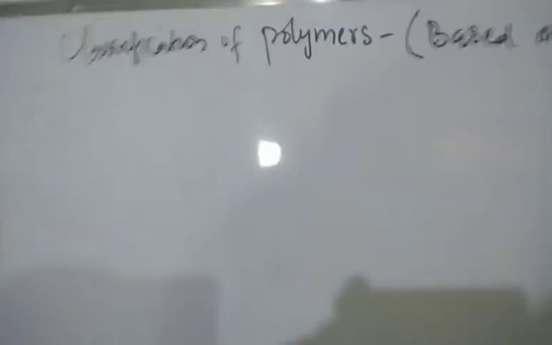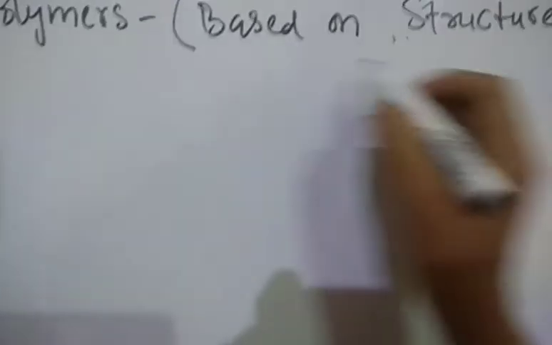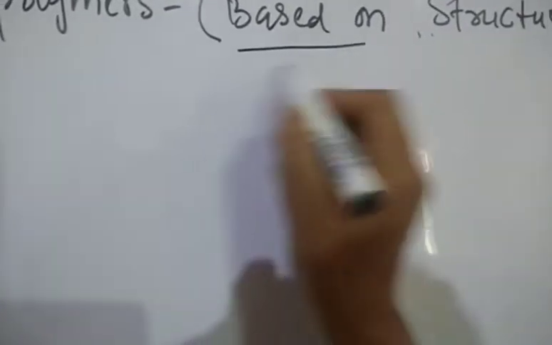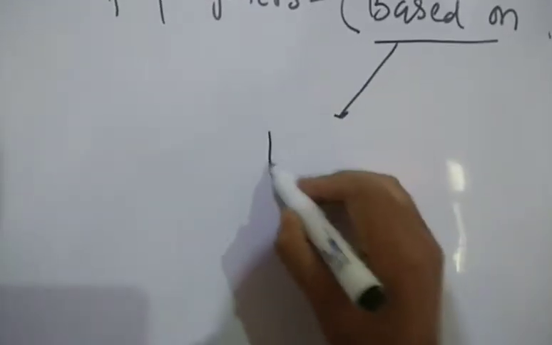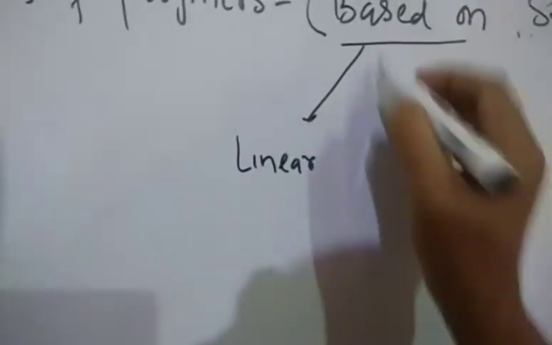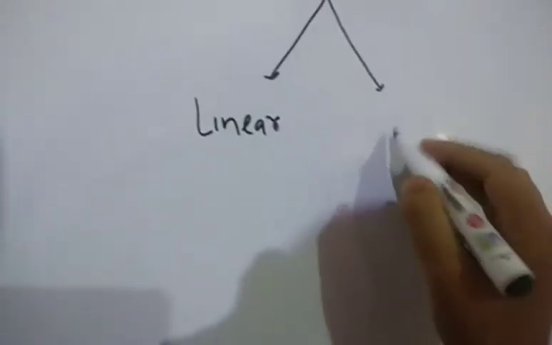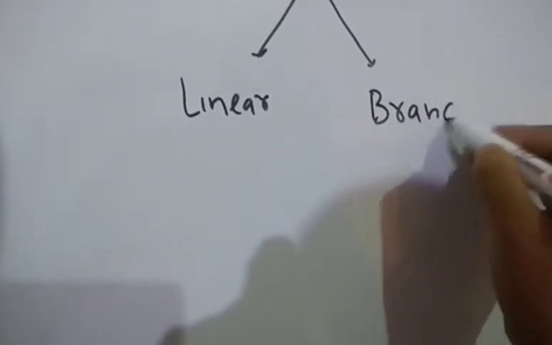So as far as the classification of polymers is concerned, structure के base पे they can be again of three types. Number one, we can have linear polymers. Number two, branched polymers.